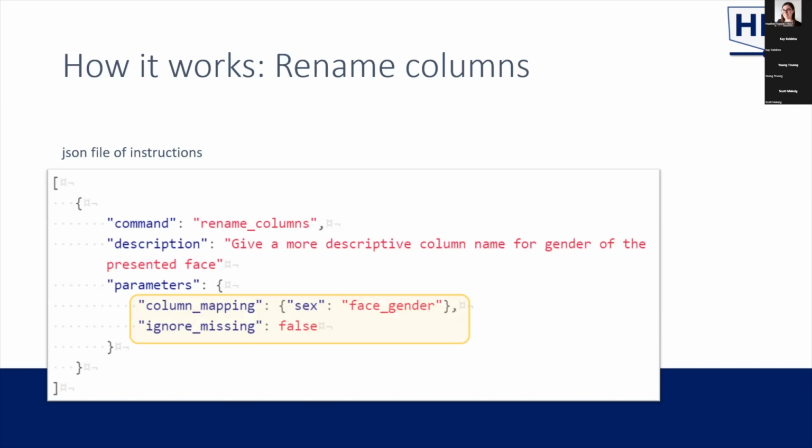And then I'm setting ignore missing to false. What this does is if the remodeler comes across one of the event files that does not have the column that we want to change, it will throw an error. Another option is that I might want to ignore it, but in this case, I strongly expect every one of these event files to have such a column. So if it doesn't, I really would like the remodeler to tell me.